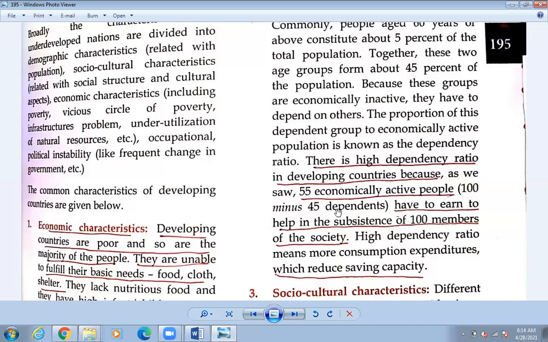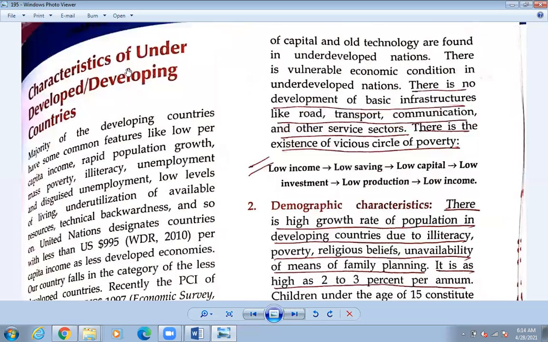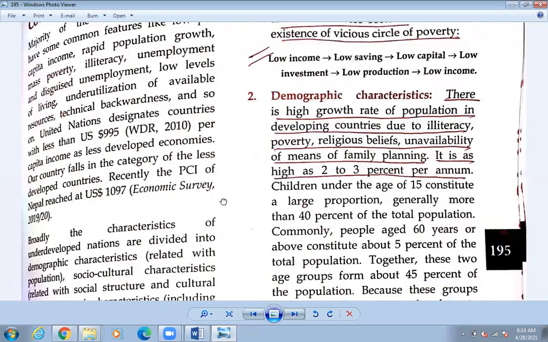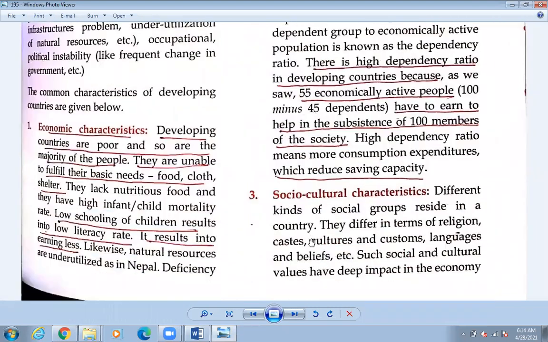So you are all dependent population because you are dependent upon your parents, your guardians. Okay, but these are the factors which cause the poverty line. These are the characteristics found in developing countries.